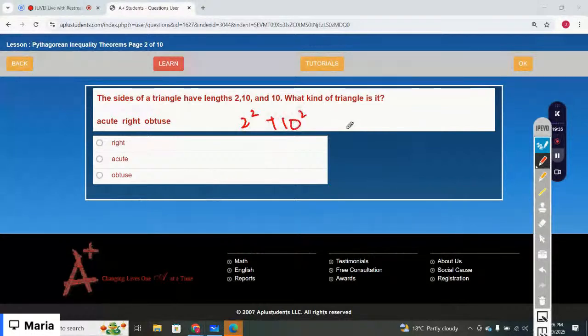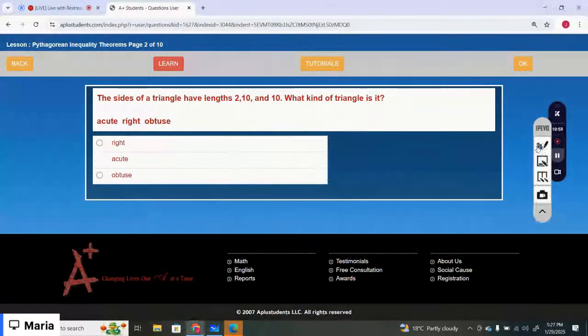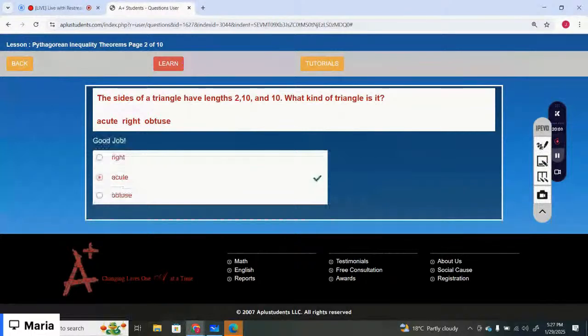That is 2 square plus 10 square compared to 10 square. That is 4 plus 100. Sorry, you don't have to put an equal sign, you have to compare them. So 104 is greater than 100. If the sum of a square and b square is greater than c square, then that is the acute triangle. Option number 2 is the correct option.